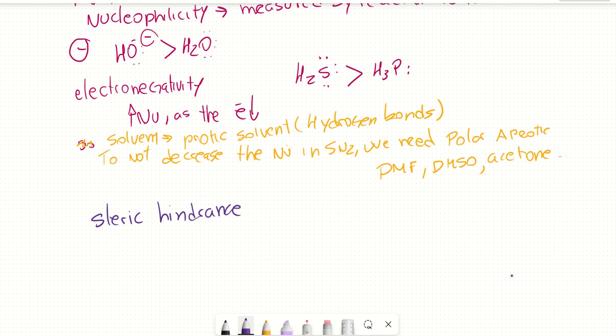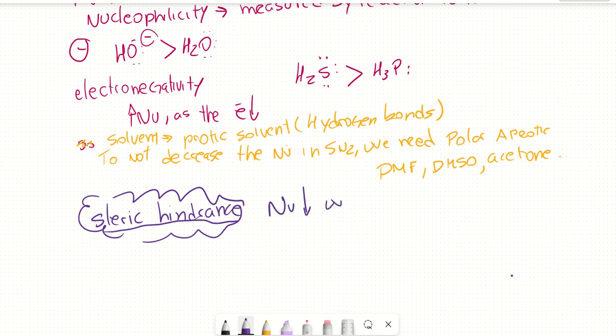So the nucleophilicity here will decrease. Nucleophilicity will decrease with the increase of the steric hindrance. Okay, since increased bulkiness makes it more difficult to approach orbitals on carbon atoms.